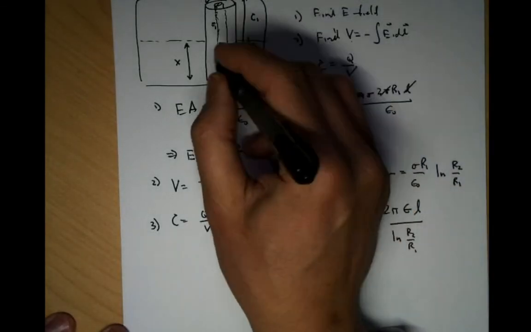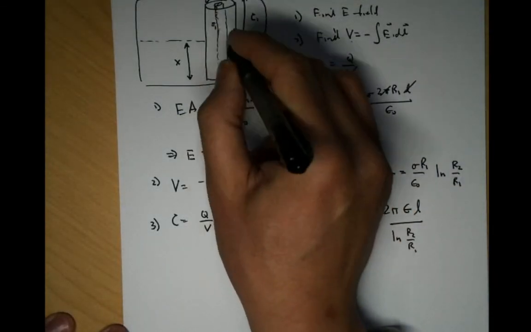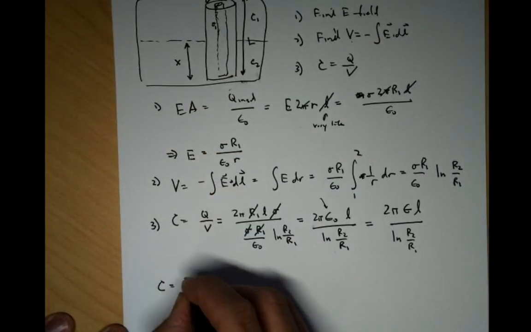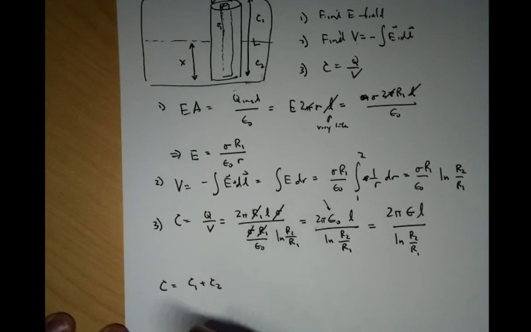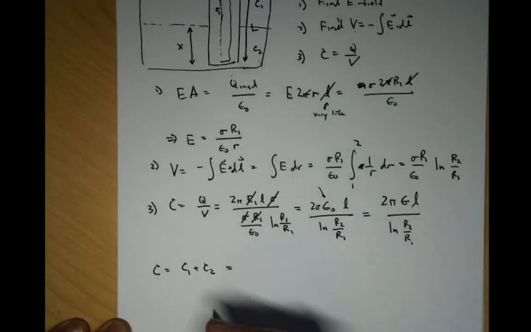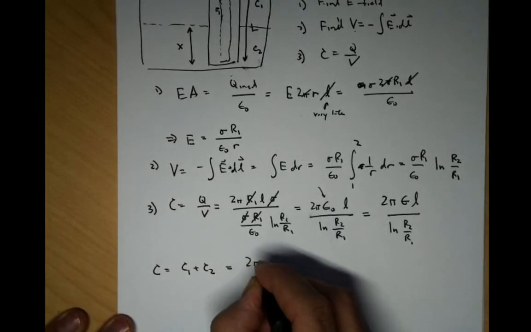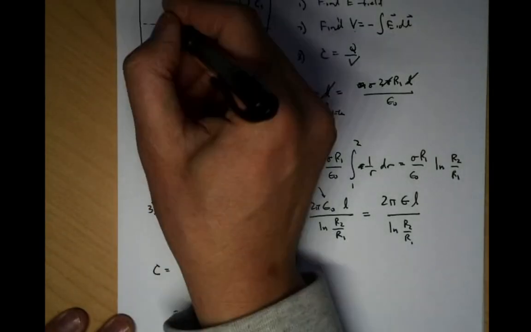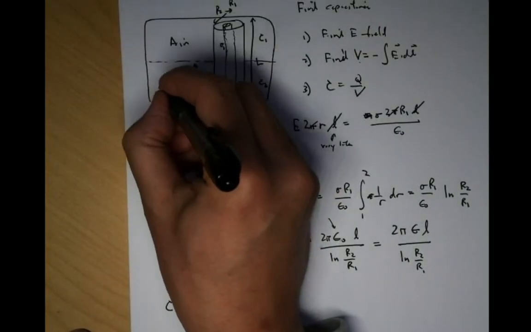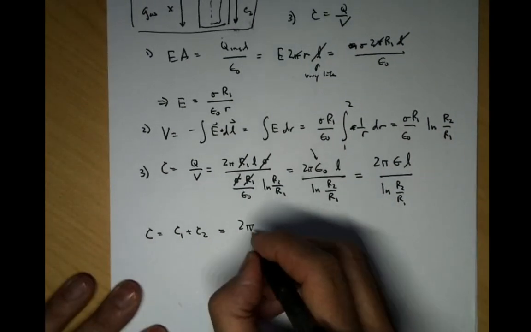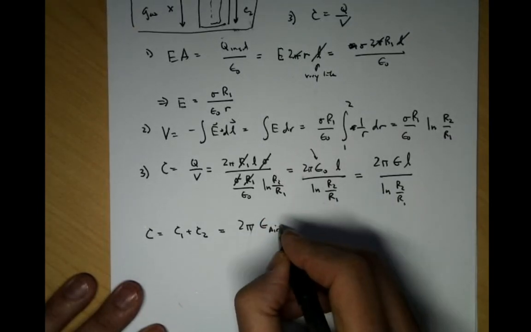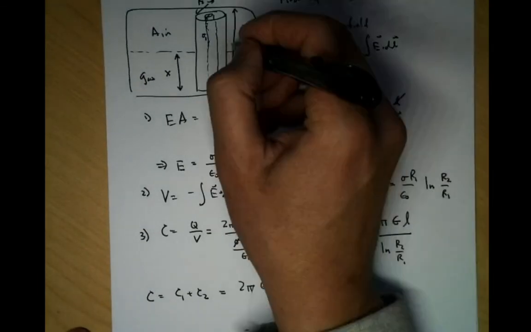So, there are two capacitors here. They're wired essentially in parallel, right? So the total capacitance is going to be equal to C1 plus C2. And what's C1? Well, let's write this thing. This is C1. That's going to be 2 pi, okay? This is air up here, gas down here. So I'll write this as epsilon air times little l. Little l is this piece right here.